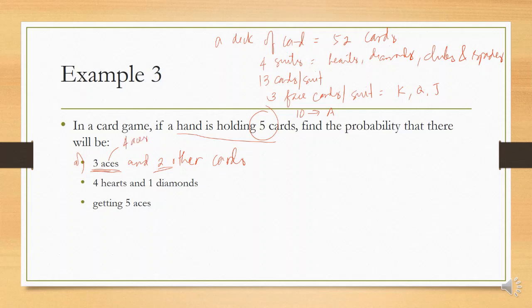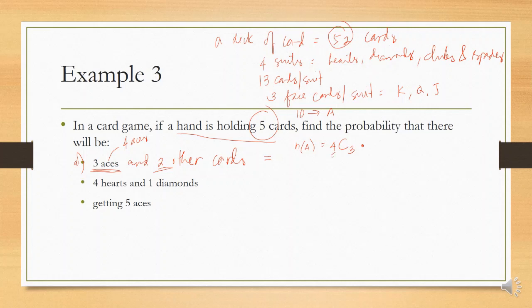Okay? So that, when you write this down, our N of A here will be 4 combination of 3. This is the 3 aces from the 4 aces na available dun sa deck. And since 52 tayo, 4 yung aces na inihiwalay natin.